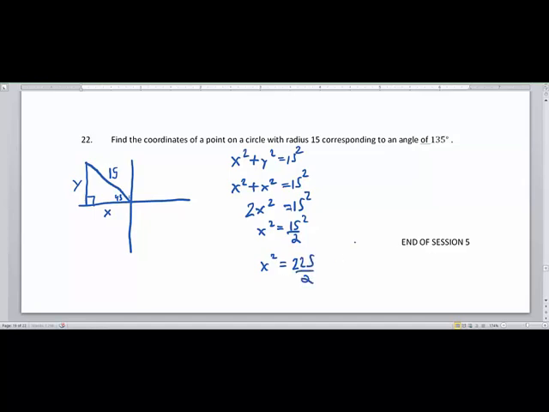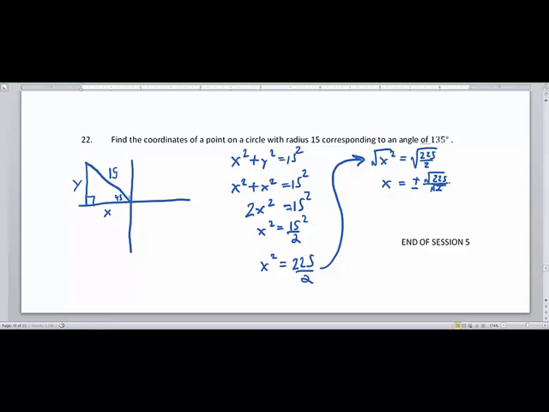Now I'm going to take the square root of both sides, and what's kind of cool is that I can show you what happens in either case. If I take the square root of both sides, the square root of x squared, and this would then be the square root of 225 over 2, then I get x is equal to plus or minus the square root of 225 over 2, which I would break into 225 divided by the square root of 2.